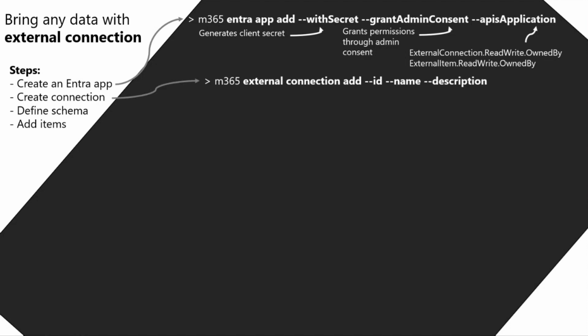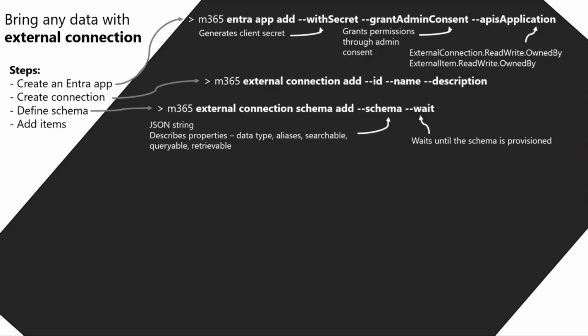The second step is to create an external connection using the command external connection add, where you specify ID, name, and description of your external connection. And once you have created the external connection, you need to create a schema which will describe your data. Imagine a schema as a list of properties you want to add to the connection.